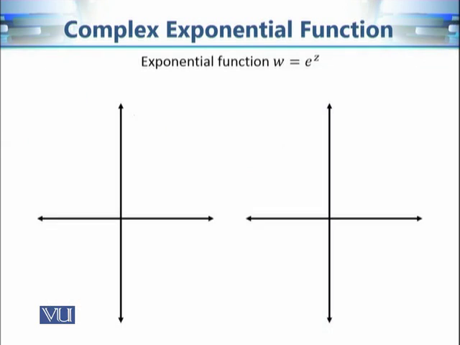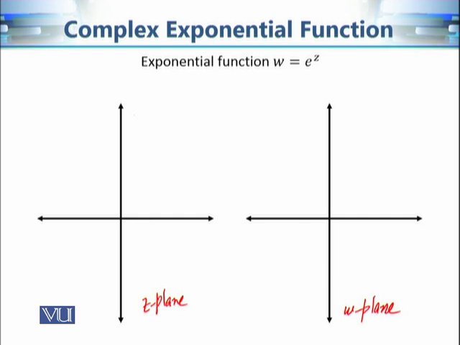So given this exponential function, take this to be the z plane and take this to be the w plane. Now we want to see whether this is a one-to-one function or not. As I told you earlier, it is not a one-to-one function, but what is this repetition?